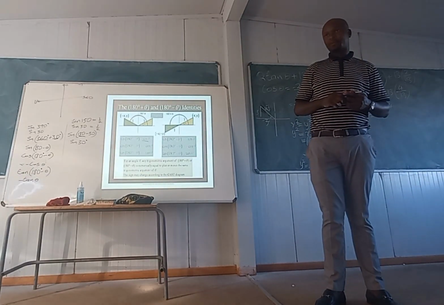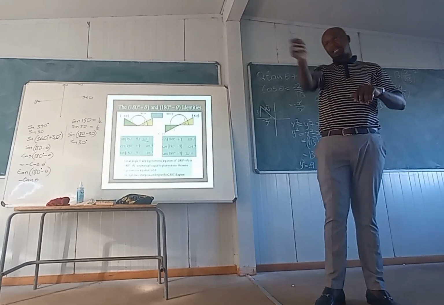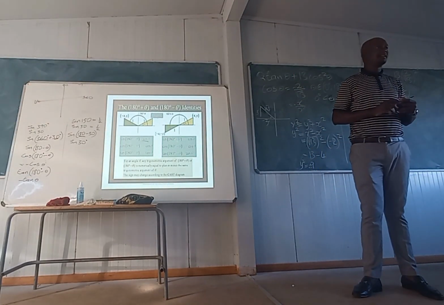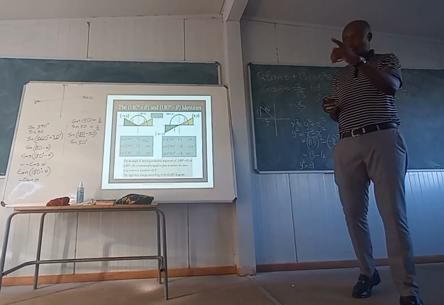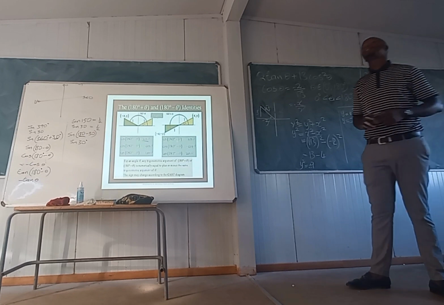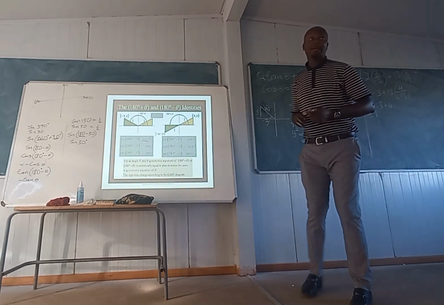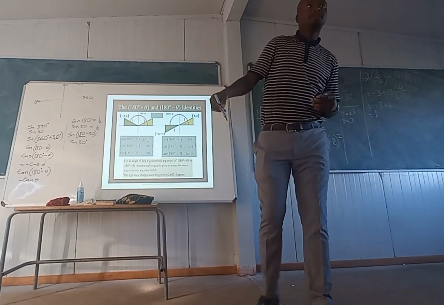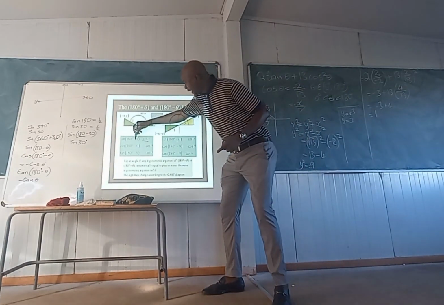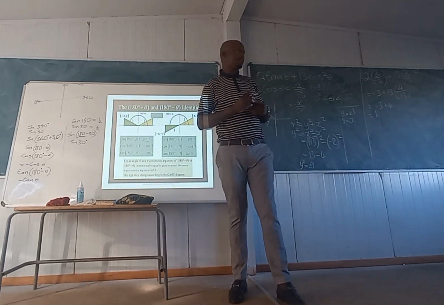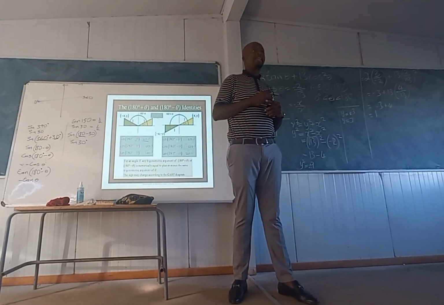So we check the quadrant, then reduce the angle. That's how you reduce your angles.